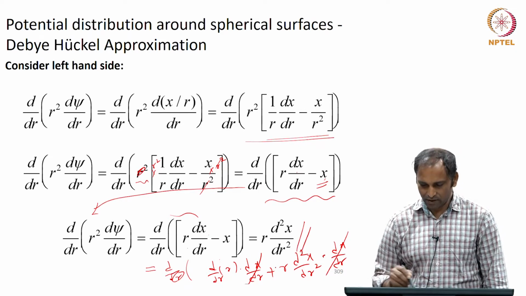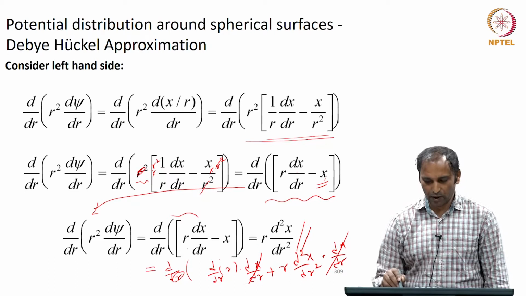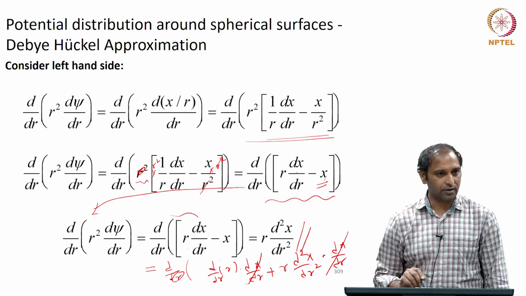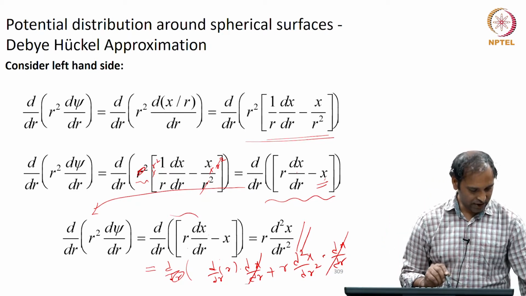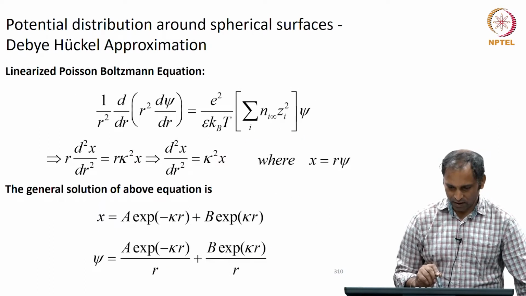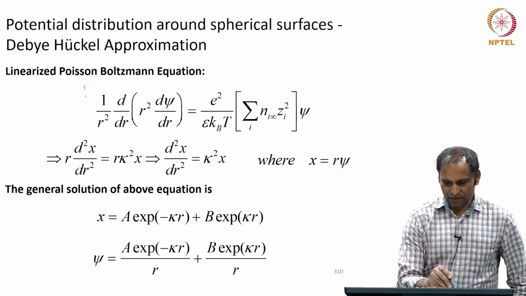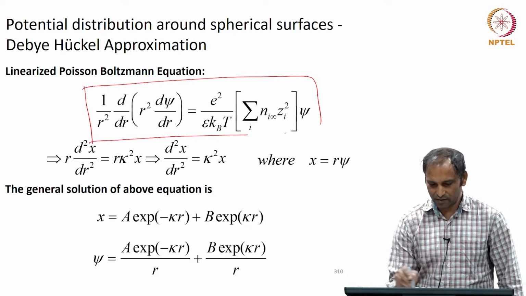Essentially, you are left with r into d square x by dr square. So therefore, essentially what we have done is, this is the equation that we started off with.